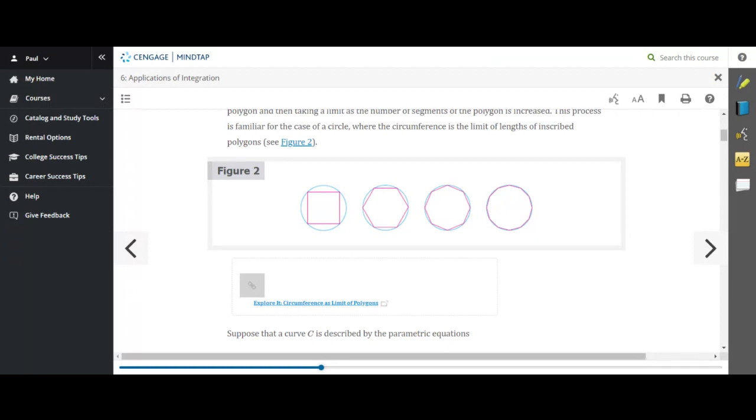So clearly, if we were to approximate the length of an arc, this strategy of inscribing line segments, or approximating the arc by adding up distances of line segments, seems like a valid approach. And we can be very general about it.